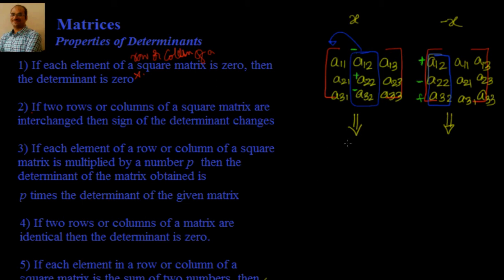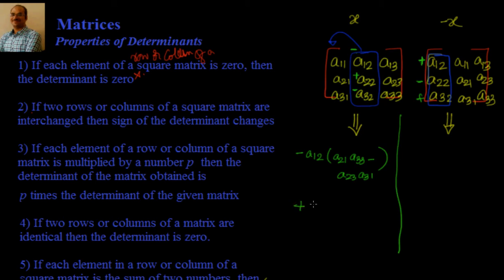Okay, let's find the determinant of the first one. Let us say this is the determinant. What's the determinant of this? The determinant will be minus A12 into (A21 A33 minus A23 A31). That's the first term.